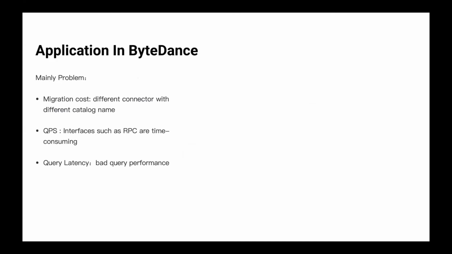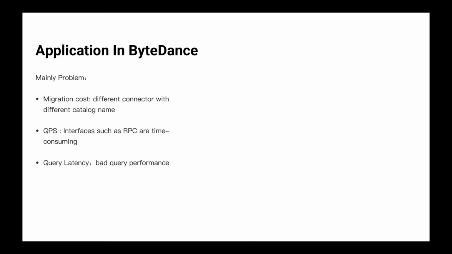The main problem list has three items. The first is the migration cost, because different connectors have different catalog names. So for many users, if they want to query a Hudi table, they need to rewrite their SQL. This is not friendly or convenient.